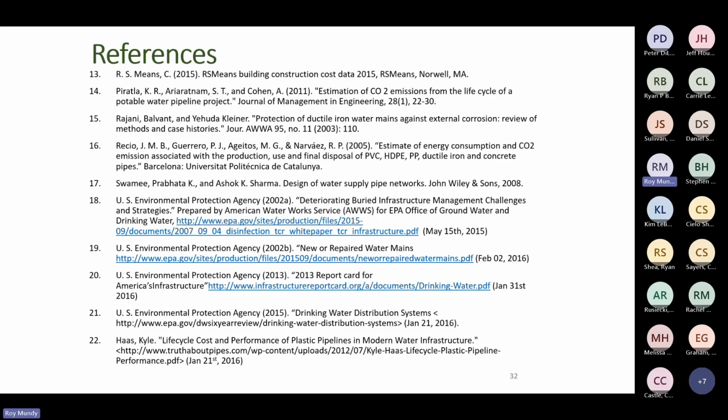Very good question. And I appreciate the question because that comes up. As a matter of fact, I think it's even going to be noted in our next presentation. The fact is the C value of cement lined ductile iron pipe does not change with time.